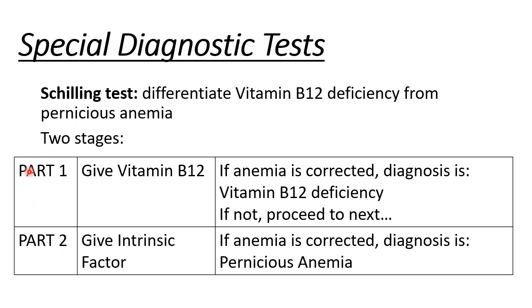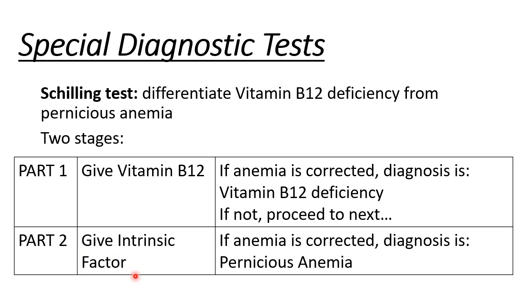Sa part 1, magbigay ka muna ng vitamin B12 supplementation kay patient. If na-correct yung anemia niya, no, ibig sabihin, kulang lang talaga siya sa vitamin B12 or vitamin B12 deficiency. If hindi na-correct ang anemia, you proceed to next stage, which is the part 2. You give intrinsic factor.